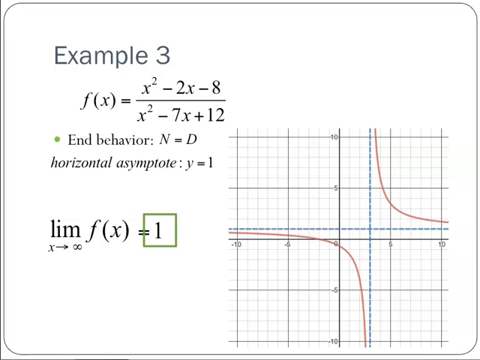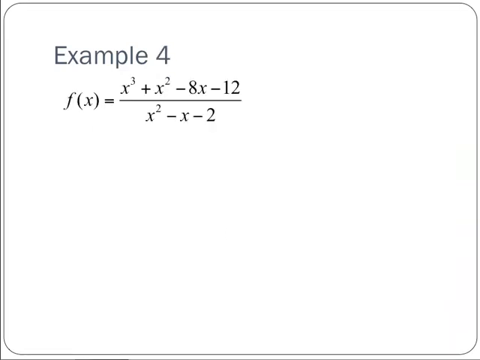All right, the last example. We have x cubed plus x squared minus 8x minus 12 all over x squared minus x minus 2. In this case, the degree of the numerator is larger than the degree of the denominator. This means we're going to have a slant asymptote, which you determine by dividing, and whatever that quotient is, is your slant asymptote.